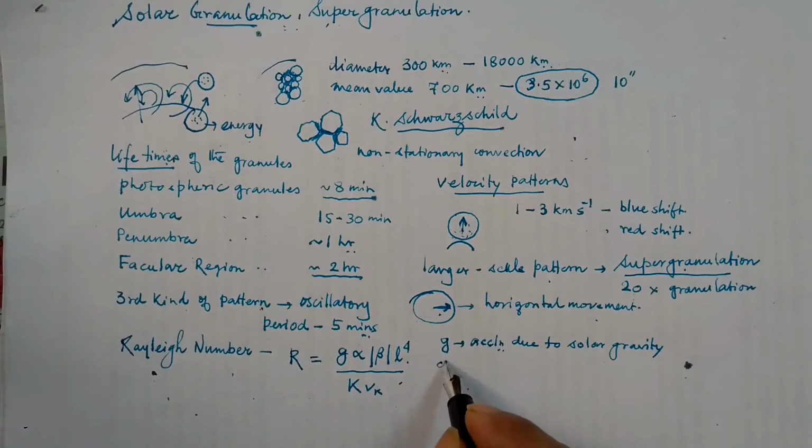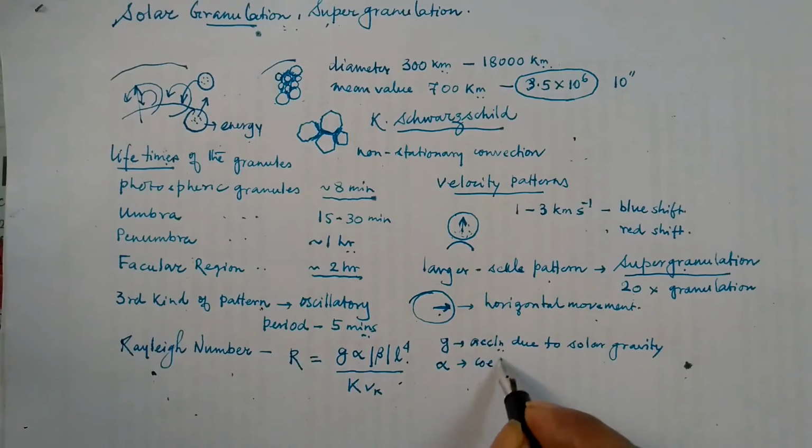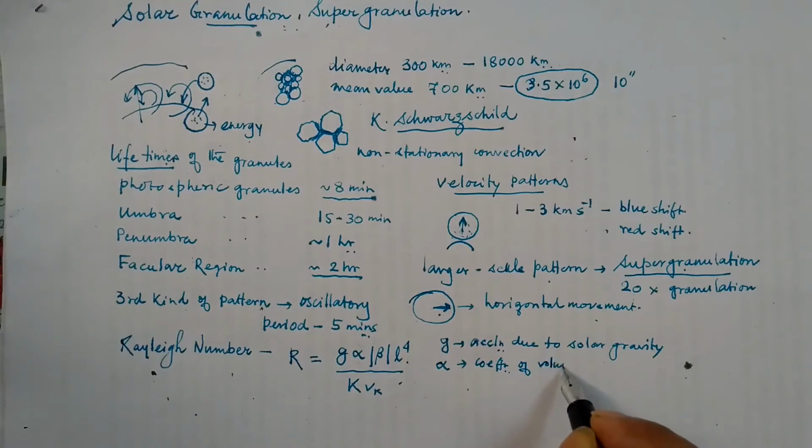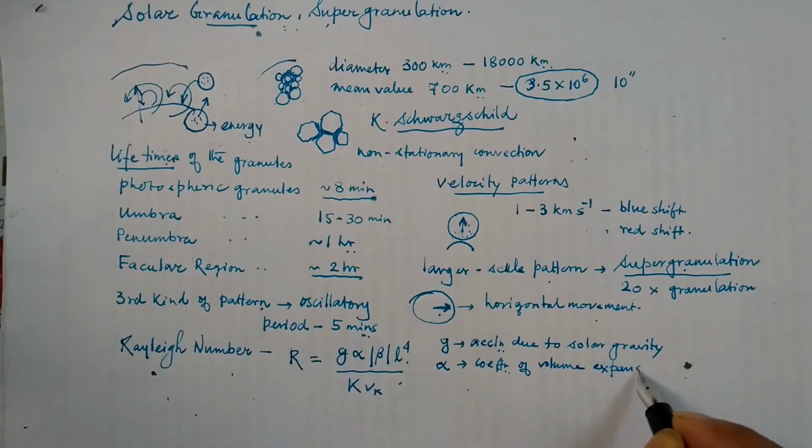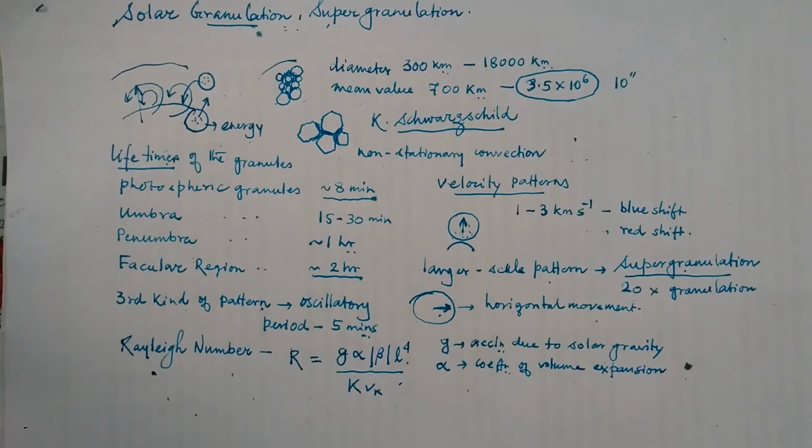What is alpha? Alpha is the coefficient of volume expansion of a material. Then what is beta?